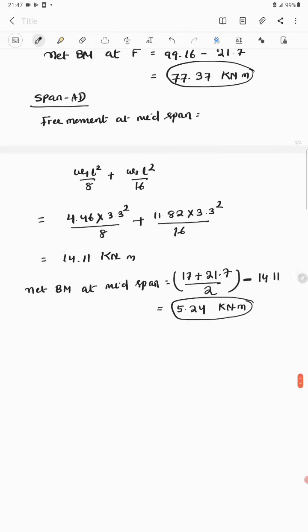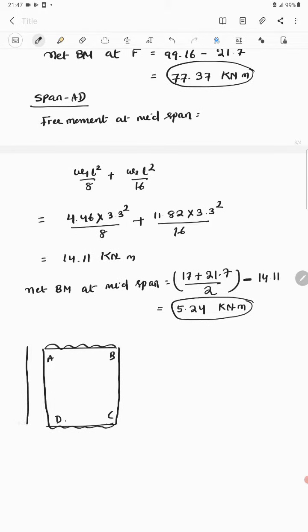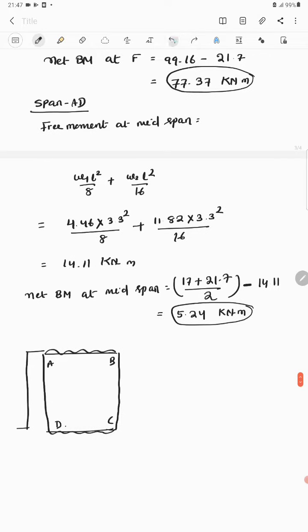So let's draw the diagram. This is A, B, C, D. So this is 4.46.